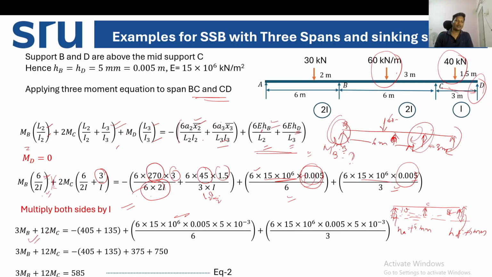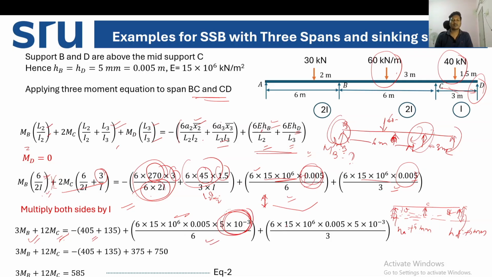So 3 MB plus 12 MC, if you solve this, you will get 12 MC equal to, this solution is minus 405 plus, this total solution is 135, plus 6 into 15 into 10 to the 6 into 0.005 into 5 into 10 to the power minus 3. Where did it come from? 5 into 10 to the power minus 3 is nothing but your positive settlement at A after settlement at B. Okay? So this is nothing but 5 into 10 to the minus 3 divided by 6.